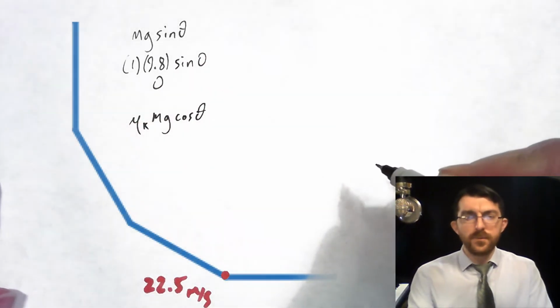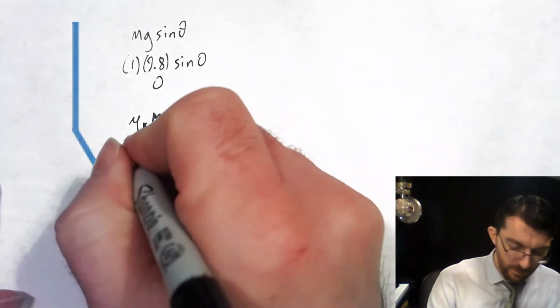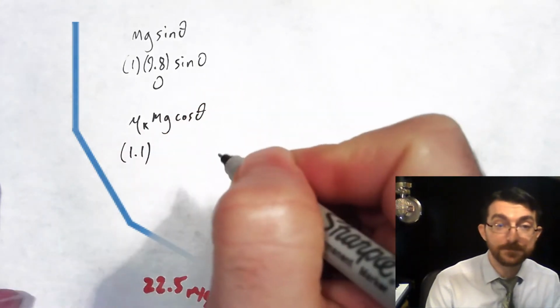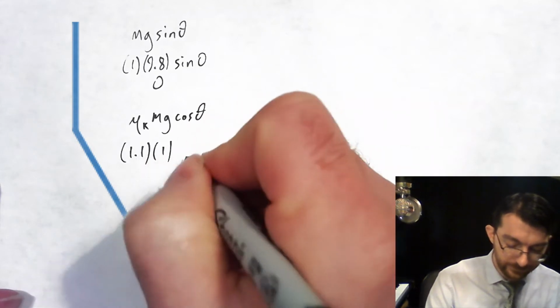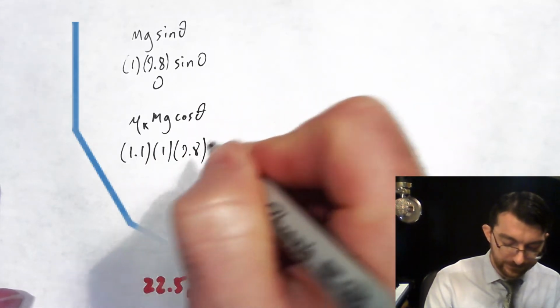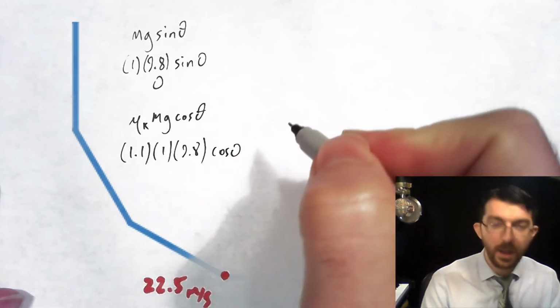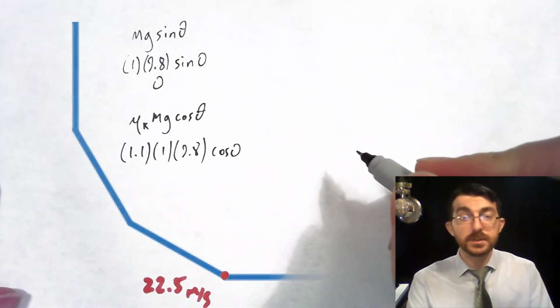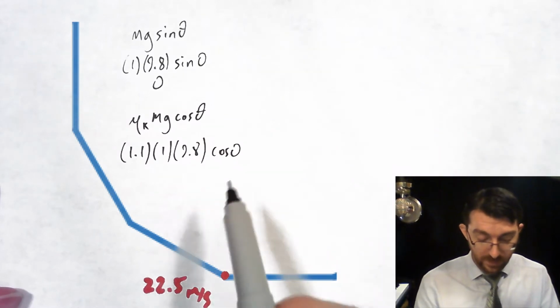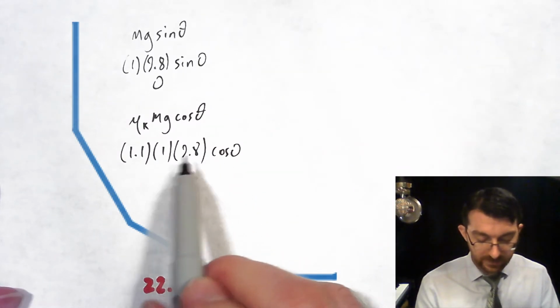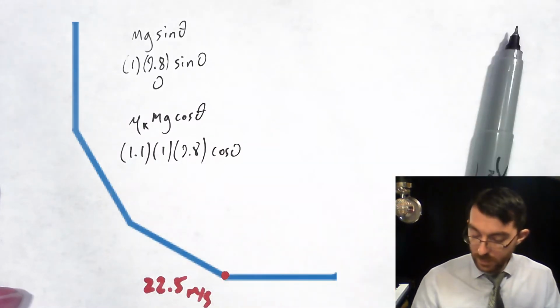So that's going to be the force of friction. The coefficient is 1.1. The mass is 1. Gravity is 9.8. The cosine of 0 degrees is 1. So we've got 1 times 9.8 times 1 times 1.1.